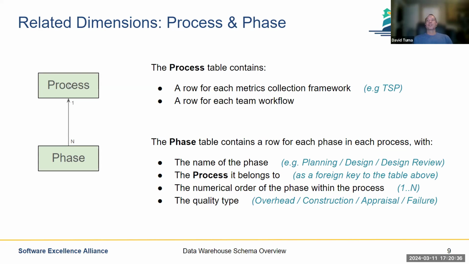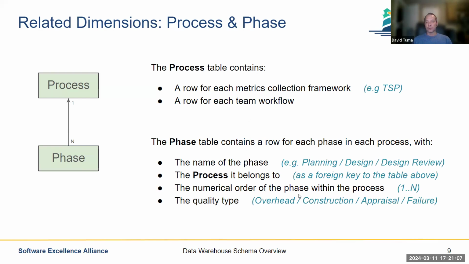Okay, so moving right along, processes obviously contain phases. So there's a separate table to hold all the phases that are known to our defined processes. Each row in the phase table represents a single phase in a single process. That row will contain the name of the phase, like, for example, planning, design, design review. It'll contain the process that phase belongs to as a foreign key to the table above.